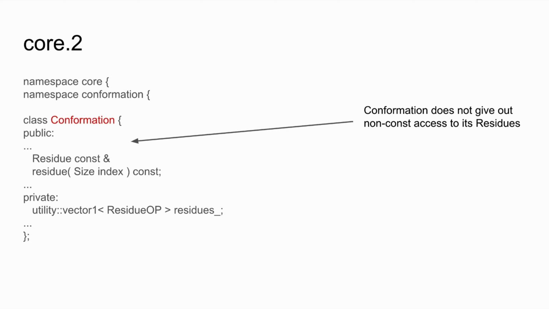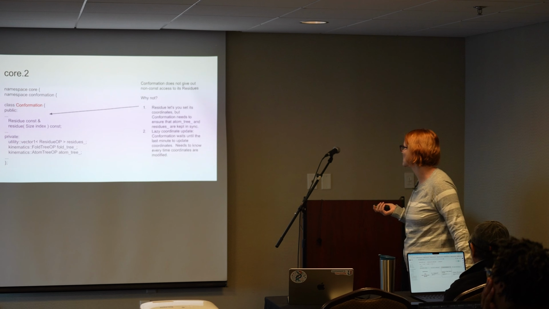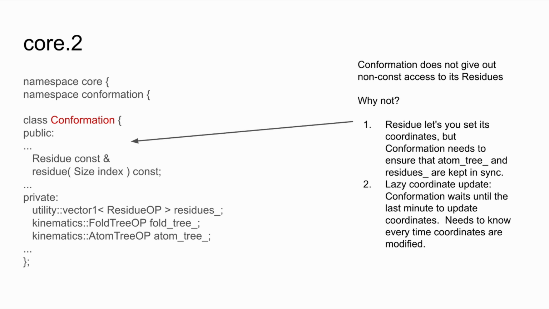And then you have the conformation class, which basically sits on top of that. It is described by residues, and the conformation does not give out non-const access to its residues. That is because the conformation lets you see the residues, but it doesn't want you to mess with the fold tree and the atom tree that we'll be talking about later today.